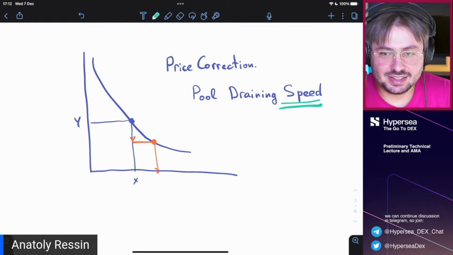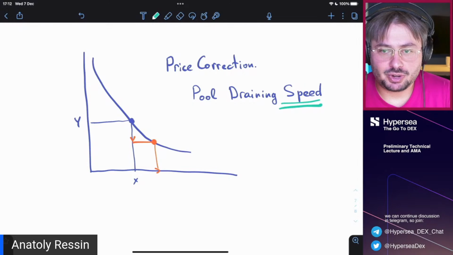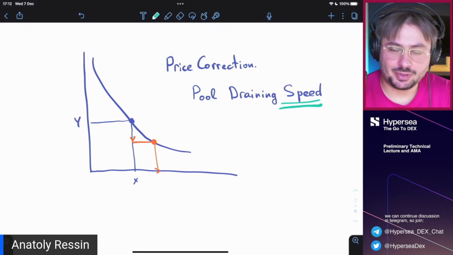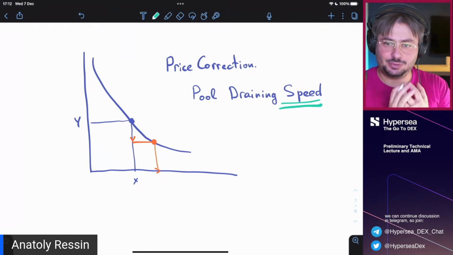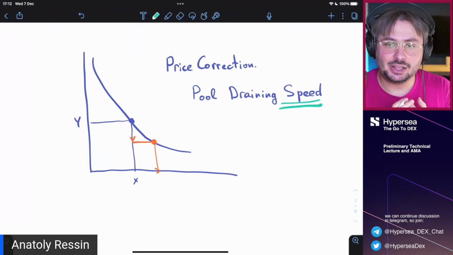But in the situation when there is no price move, the speed of inflow and outflow from the pool is almost equal.